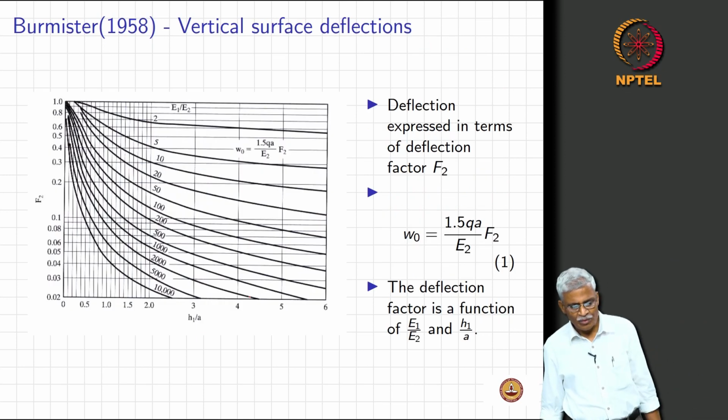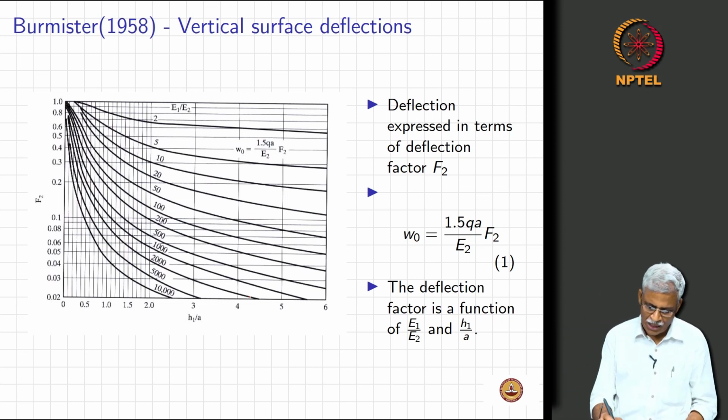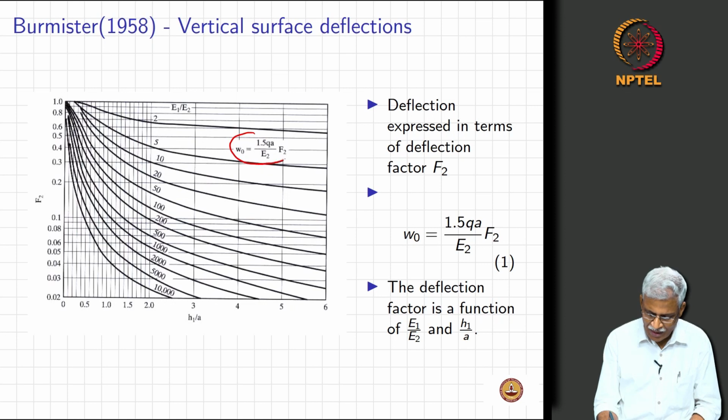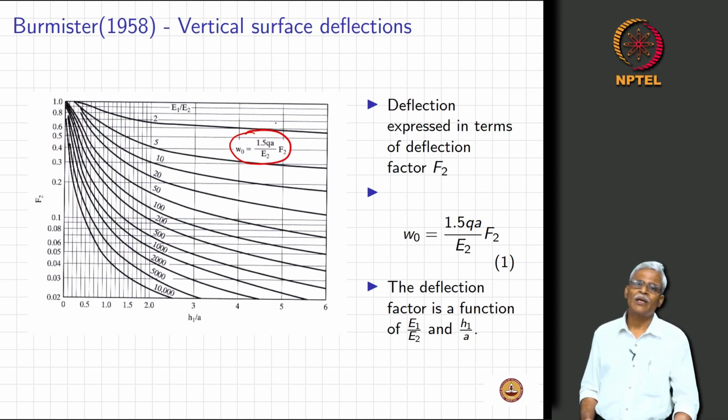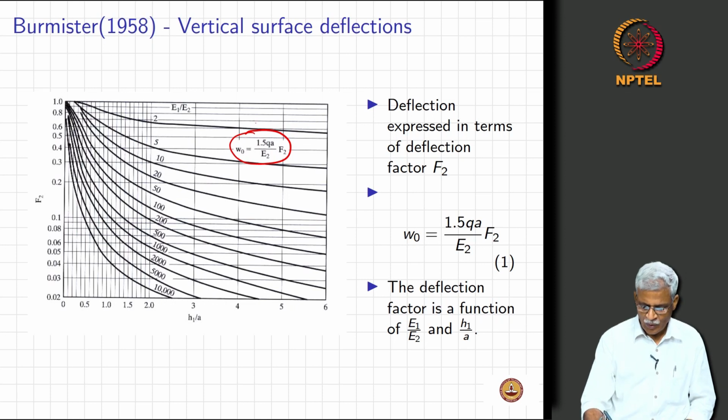And now comes the vertical surface deflections. Now, you need to see this equation. Earlier we used q A times F divided by E, but here we are introducing a 1.5. This is because of the difference between the flexible plate and the rigid plate.